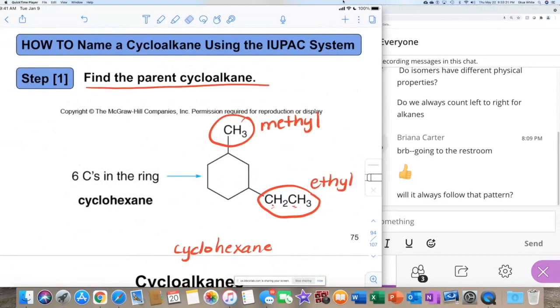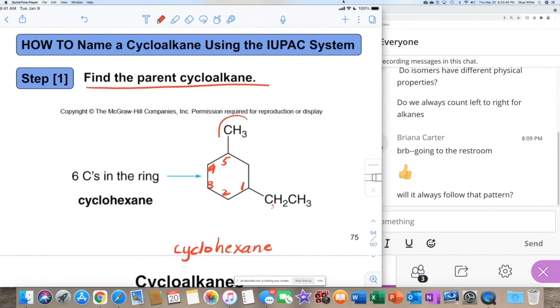So back to ours. Now that we know this is going on, I can now say I'll make this number one, right? I'm not going to number this clockwise because it will give methyl a very large number. I'll number this counterclockwise because they want the numbers to be small.